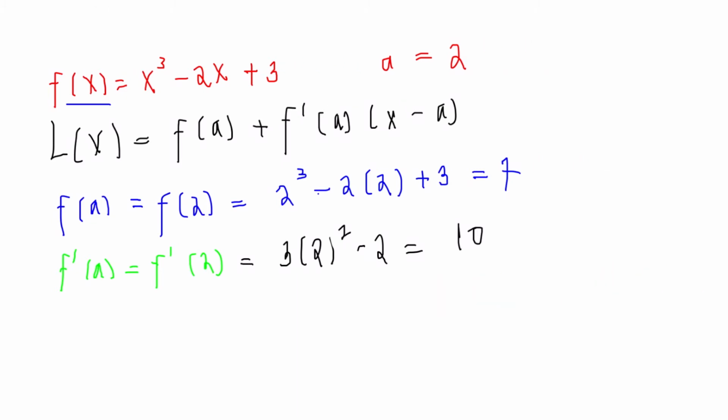Now we can find our L of x. Our L of x now would be simply bringing those together. So this is our f of a, and this is our f prime of a. So our f of a is 7 plus f prime of a, which is 10, times x minus a, which is 2.